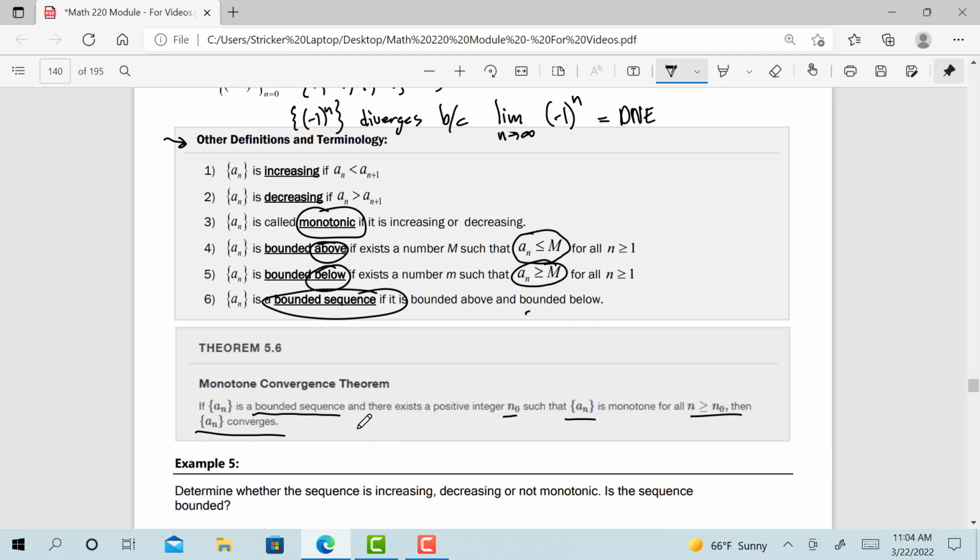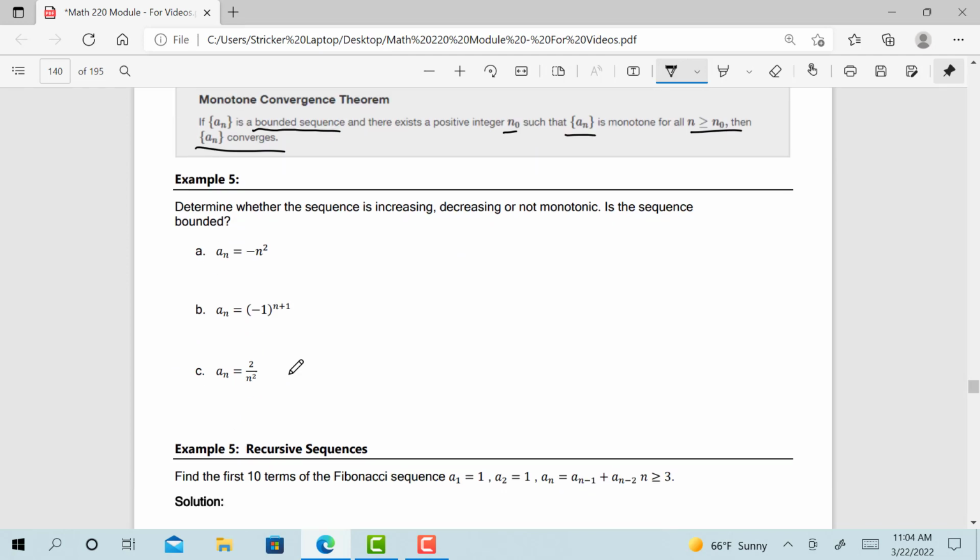So if we have a bounded sequence, remember, bounded means that it's bounded above and below, right? So if it has a cap on the top and a cap on the bottom, and it's monotone, which means it's increasing or decreasing, then it must converge. It must approach some value.